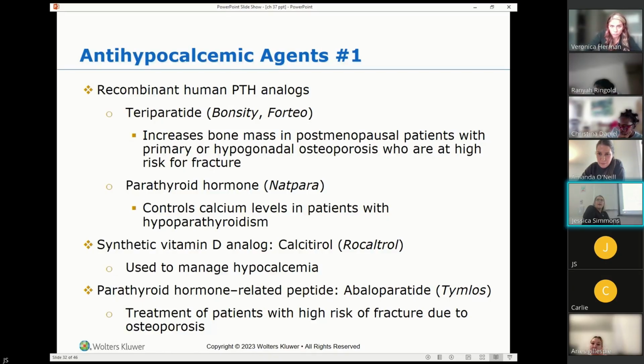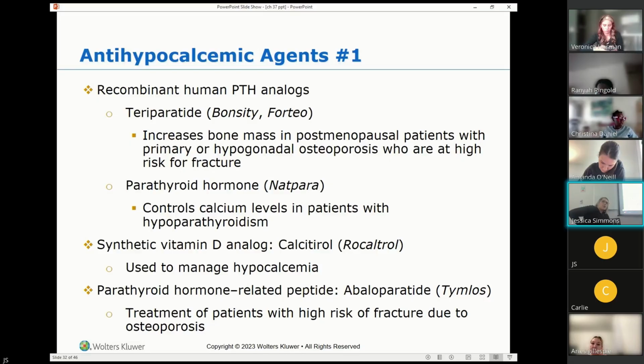And then there is a synthetic parathyroid hormone called Natpara, which controls calcium levels in patients with hypoparathyroidism. I don't really need you to know either of those drugs. It is important for you to know what PTH does, what it's responsible for, and what happens when you don't have enough.